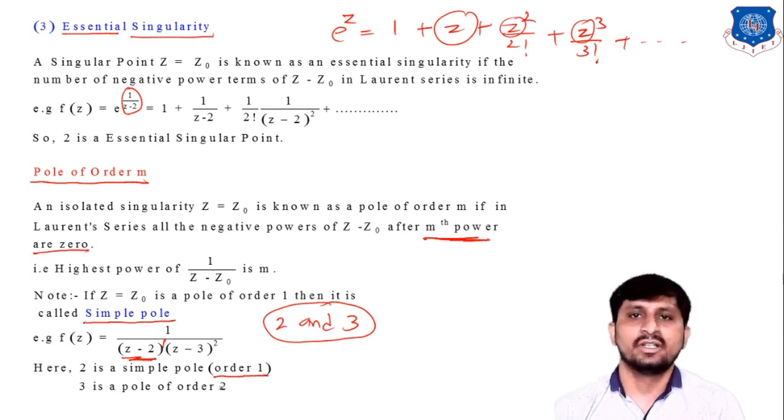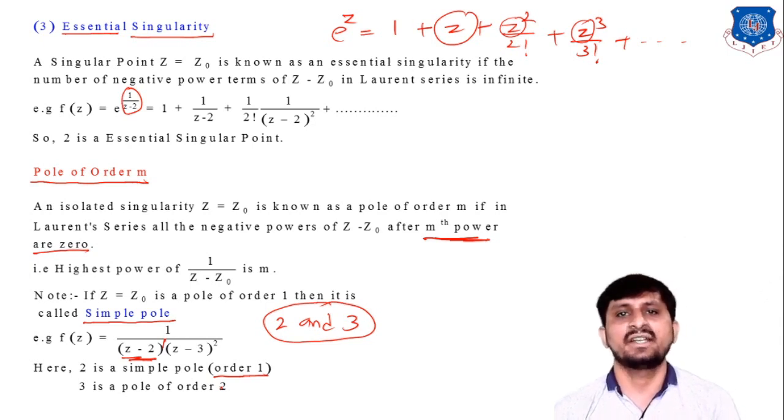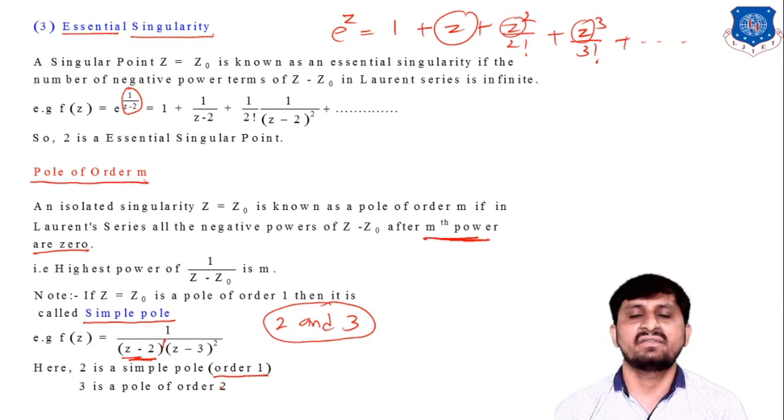So in today's lecture we discussed singularity. First, you have to remember this definition. What is a singularity? A point where the function is not analytic is called a singularity. After that, we discussed what is isolated singularity, removable singularity, essential singularity, and last we tried to understand the definition of pole of order m.